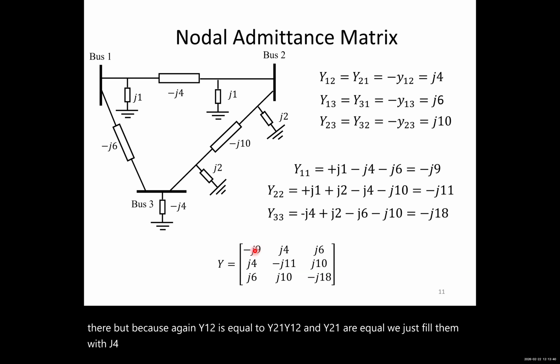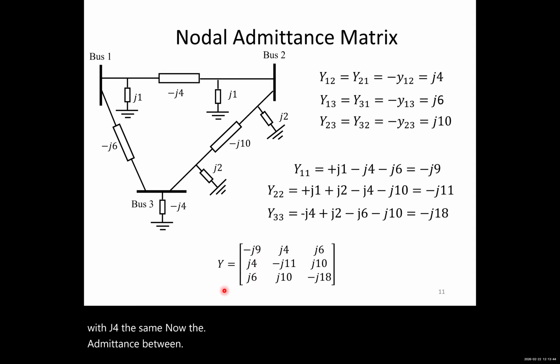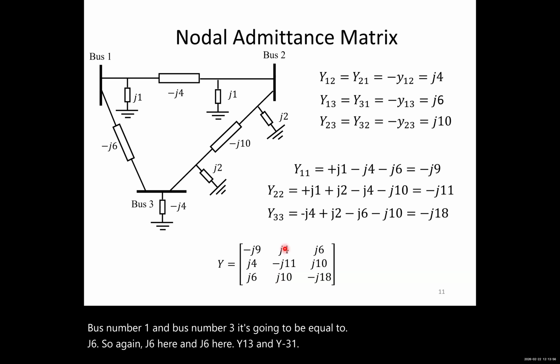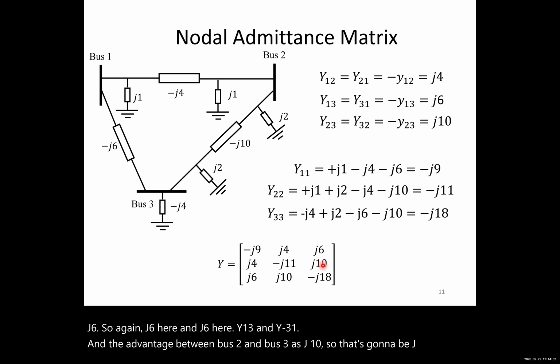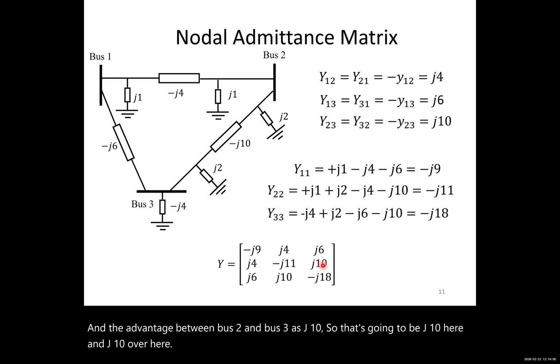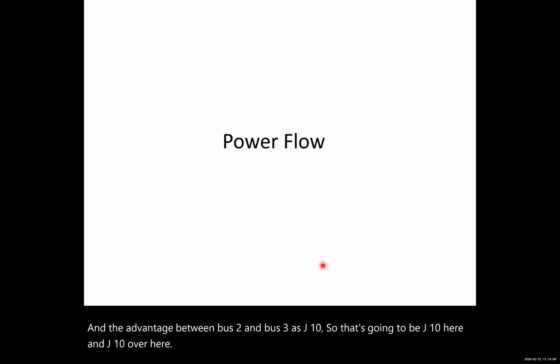Now, the admittance between bus number 1 and bus number 3 is going to be equal to j6. So again, j6 here and j6 here, Y13 and Y31. And the admittance between bus 2 and bus 3 is j10. So it's going to be j10 here and j10 over here. So that's it for the matrix.